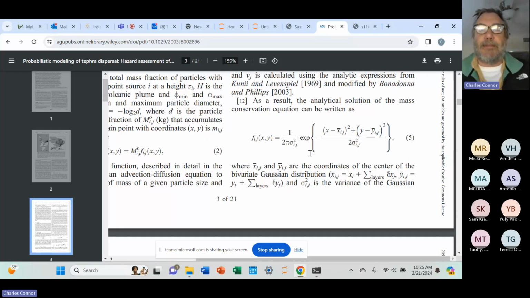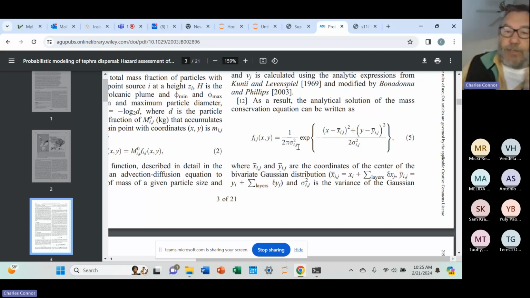But basically, we're saying that there's diffusion of particles, or the mass loading of Tephra at some point, X and Y, is going to be a function of where you are in terms of X and Y, the advection of particles downrange, and this term sigma, and sigma here is related to the time it takes for particles to fall out of the atmosphere from their release height, the diffusivity in the atmosphere, and related factors.